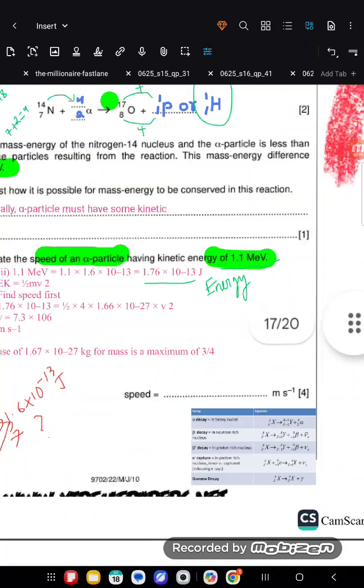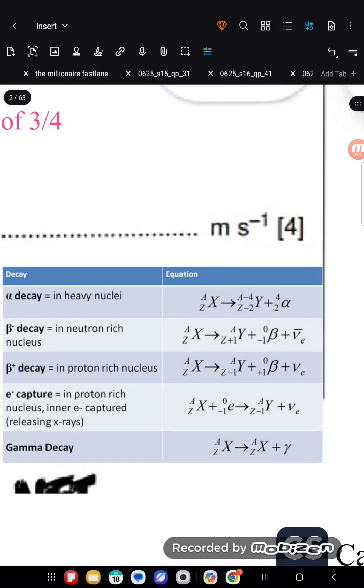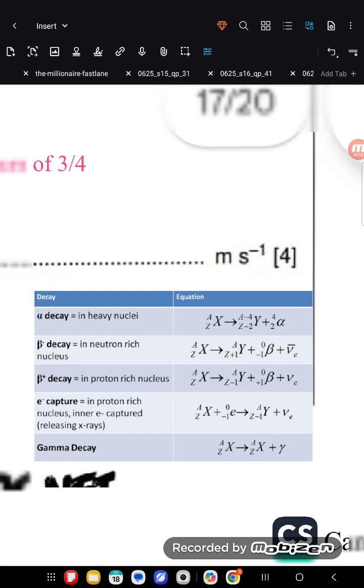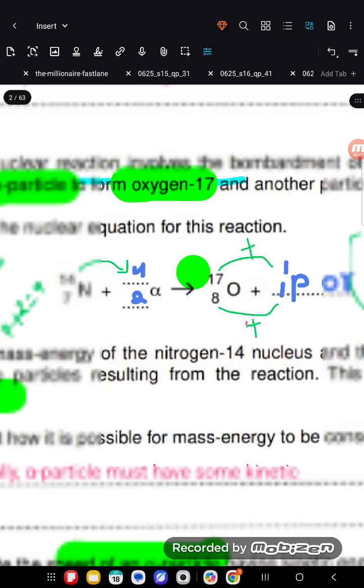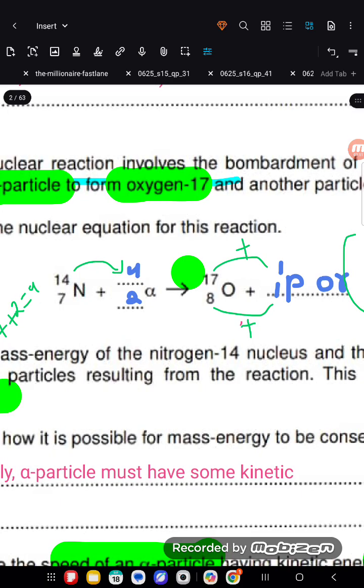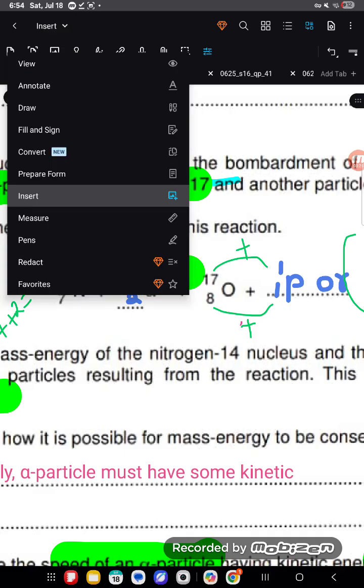So how is alpha decay? Alpha decay is 4 and 2, right? How did you get 17? 4 plus what? 14 plus what gives 17? 14, 15, 16, 17. Okay, see here.